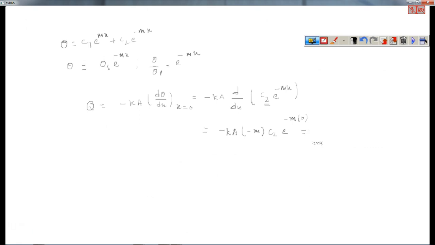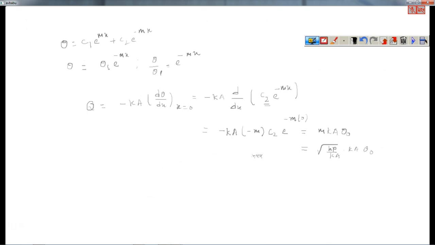Therefore, this is equal to plus m kA theta 0, where m is equal to the square root of hP by kA, into kA theta 0, right?